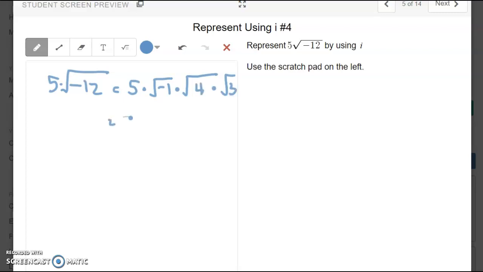And I know that's the same as 5 times i times square root of 4, which is just 2 times square root of 3. And I can multiply the whole numbers. 5 times 2 is 10, and I have i here multiplied by root 3. So it's 10i root 3, and this is an imaginary number.